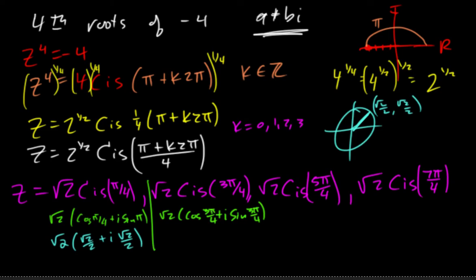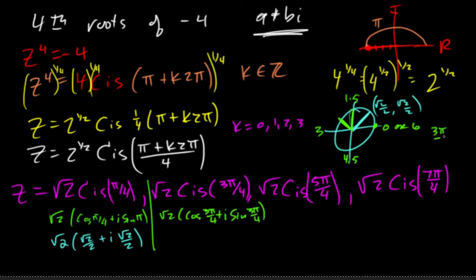And so 3 pi fourths is going to be, if we estimate where it's at, so if we think of this as 0 or 6, 1.5, 3, 4.5, it's going to be 6 over 4, which is 3 over 2. Alright, I believe it's this one, so let's try that.